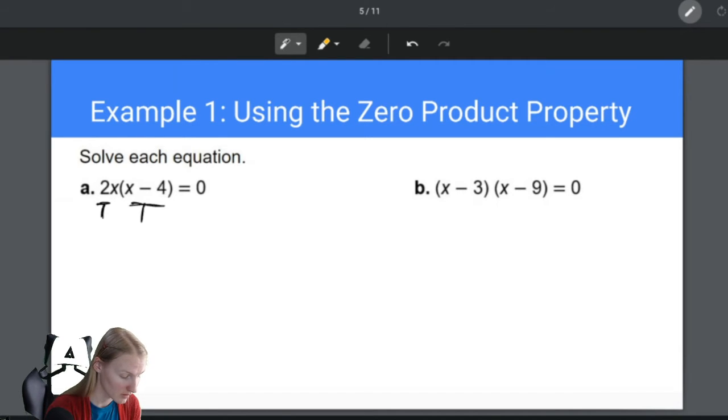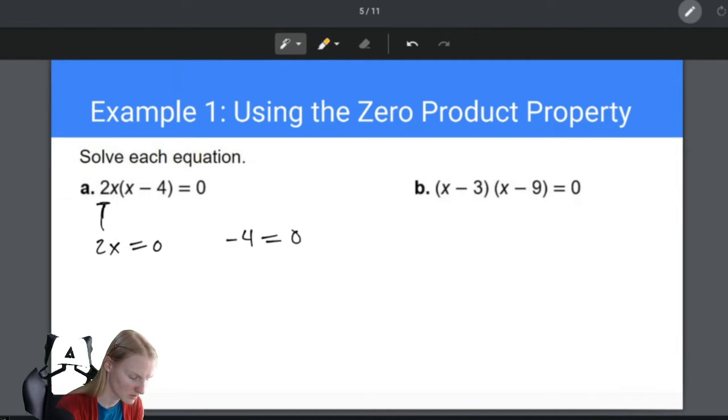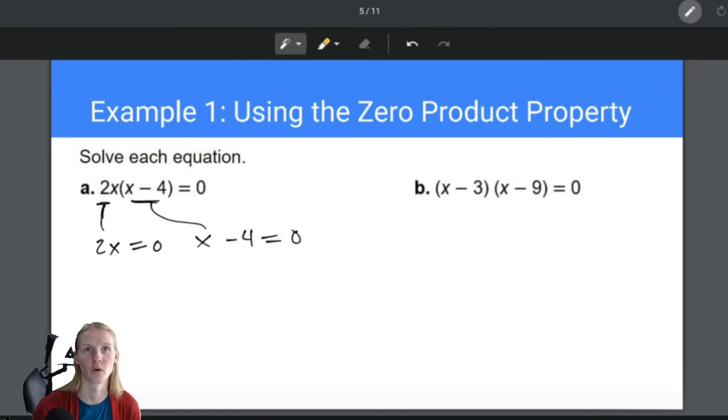So either 2x is equal to 0, or x minus 4 is equal to 0. At least one of those things has to be true.